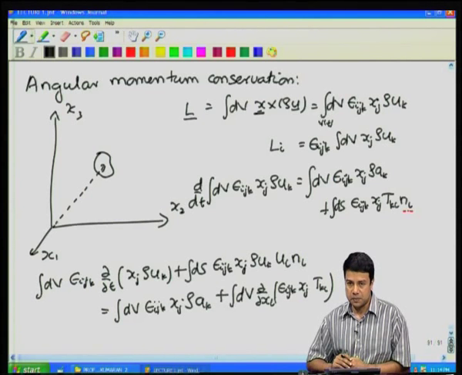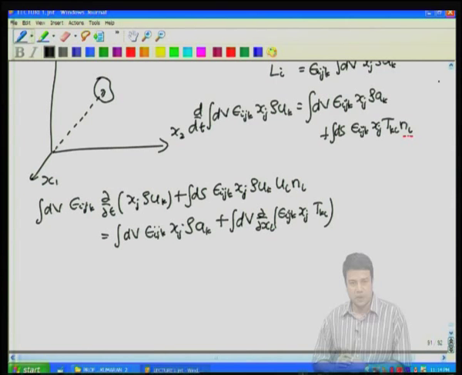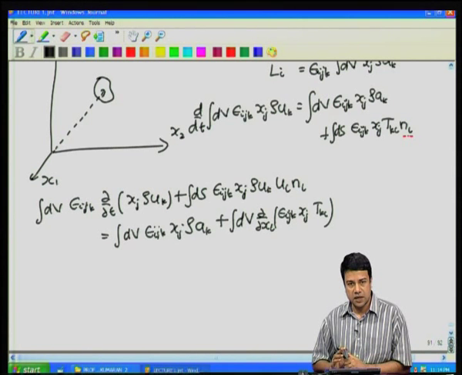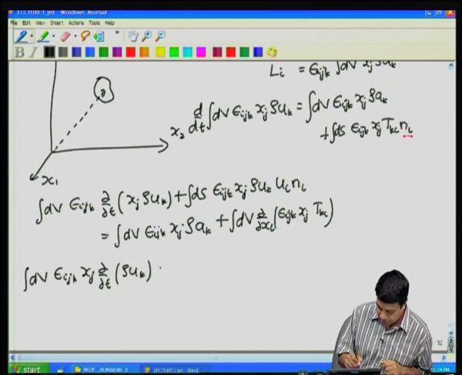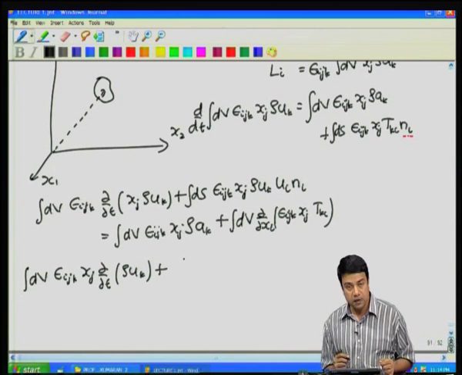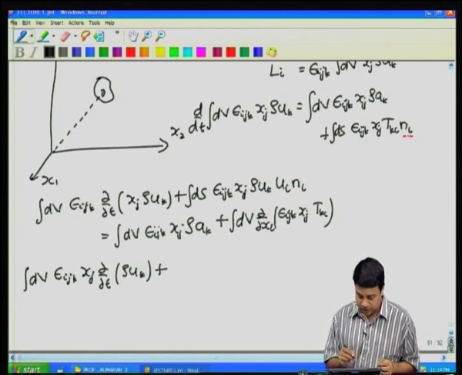So, that is the entire statement of this angular momentum conservation equation. We can simplify this. Epsilon is independent of time and space, x is independent of time. So, for the first term, I can simplify it as integral dv epsilon i j k x j partial by partial t of rho u k plus, the second term is a divergence.